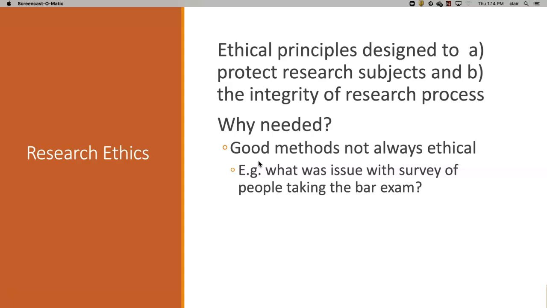So you don't have to worry about, say, half the people not filling out that survey, and then you always have to worry about whether the people who filled out the survey are different from the people who refused, and that could lead to a biased result if there are certain people who are opting out of taking a survey. If you can force everyone to do it, that's great. You've got a complete data set. But that's unethical because you can't force people to be part of a research project. You have to give them the choice of whether they want to be part of it or not.